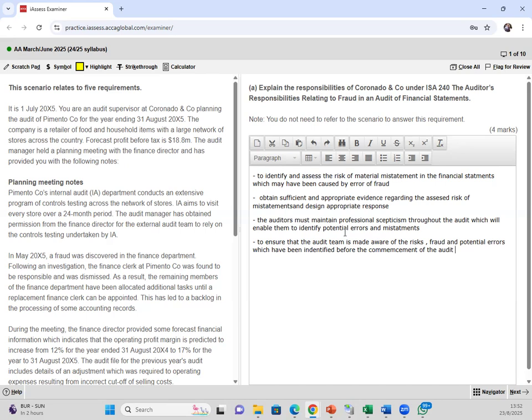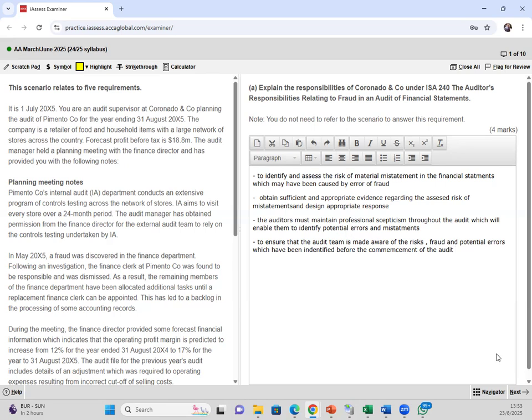The company is a retailer of food and household items with a large network of stores across the country. Forecasted profit before tax is given. The audit manager held a planning meeting with the finance director and has provided you with the following notes.